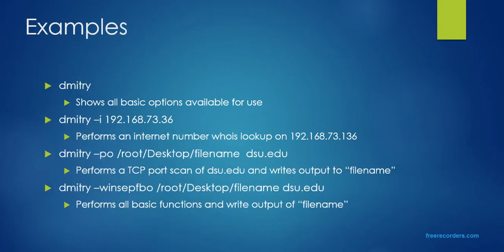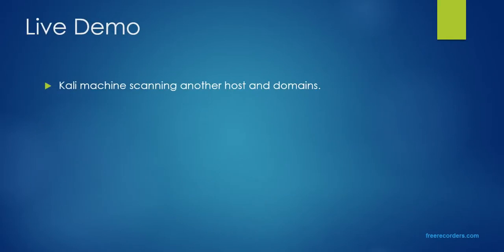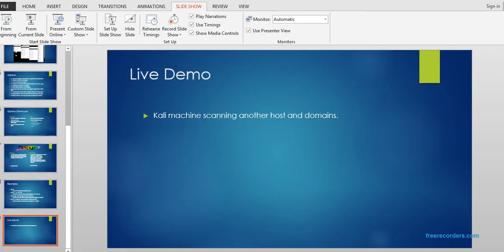Also, an easy way to do that is, if you go to the interface, I'll show you this too, type in just Dmitry, no switches, and just type in your host or your IP address. It will do all functionalities except for write that path, unless you give it one, I suppose. So moving on, we'll get that demo going for you.